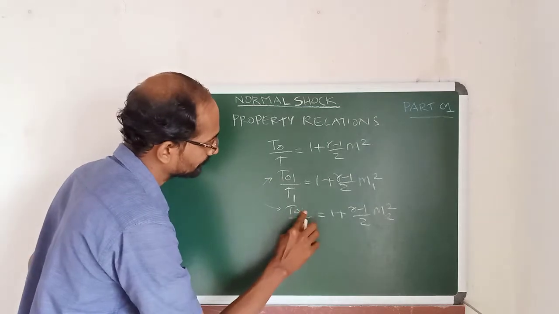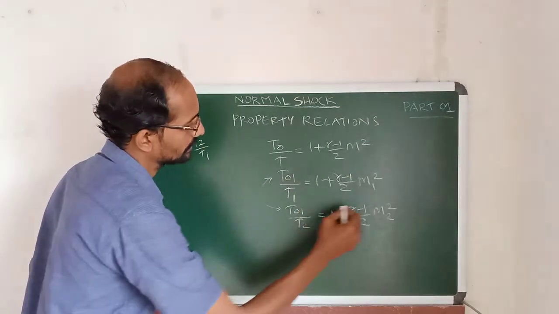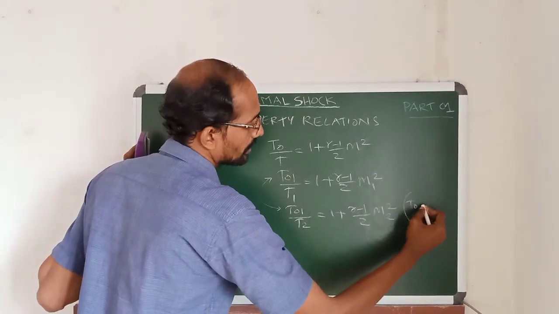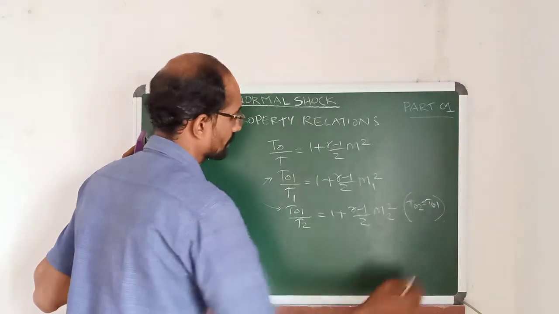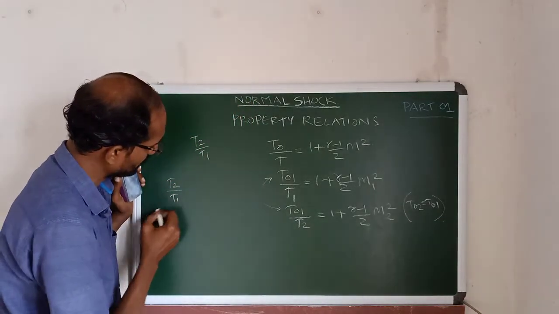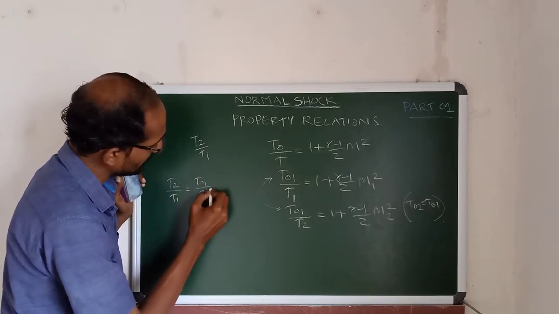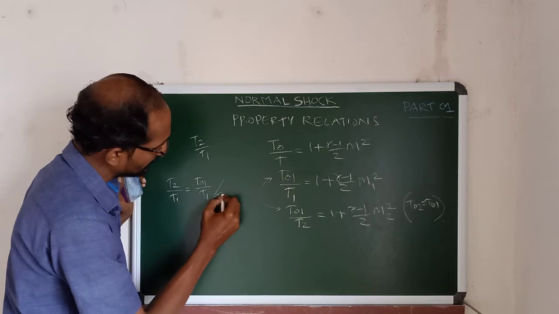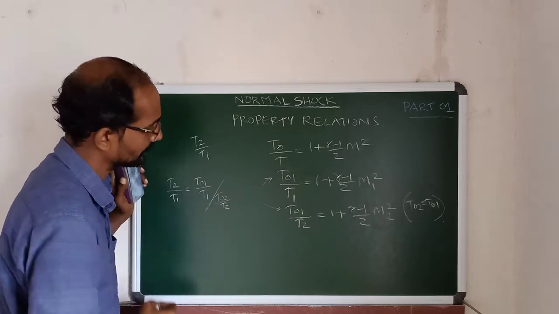So I can write T01 instead of T02, just because T02 equals T01. Then ultimately I need T2 by T1. So this is equal to T01 by T1 divided by T02 by T2.